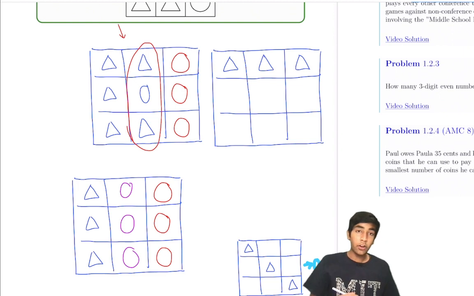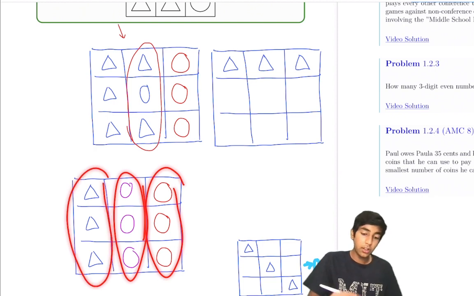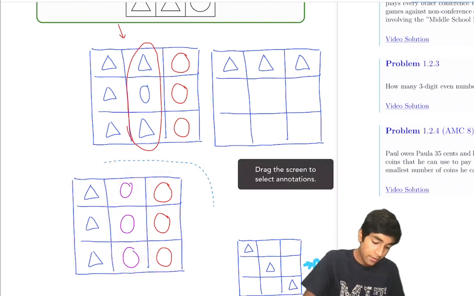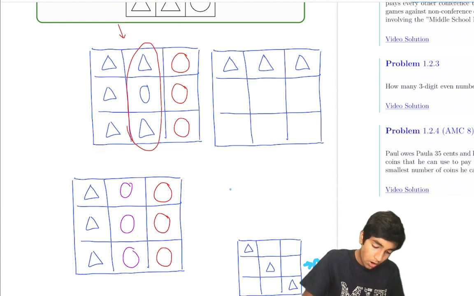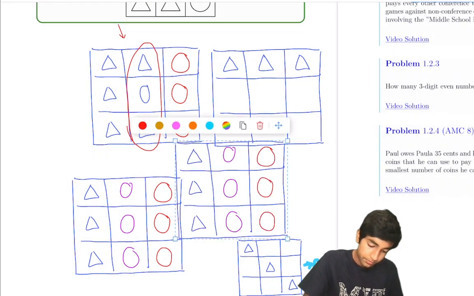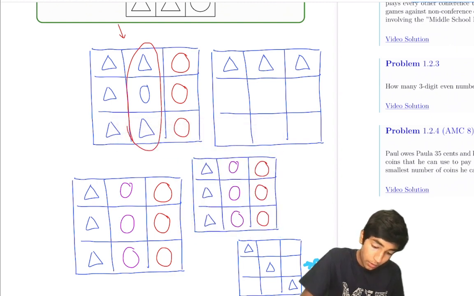Or we could have 3 circles. We could have 2 rows of 3 circles and 1 row of 3 triangles. And we can also have 2 rows of 3 triangles and just 1 row of 3 circles. So this is another case that will work. We have 2 rows of 3 triangles, like you see here.